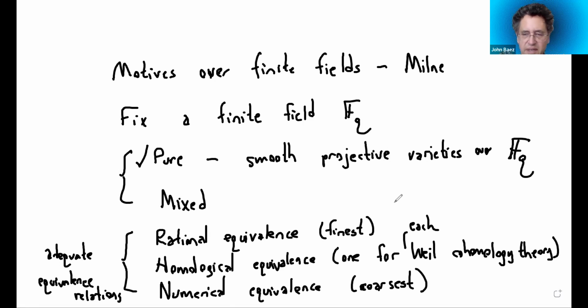And a cycle is a formal linear combination of subvarieties, so you can talk about the intersection number of two cycles by bilinearly extending it. And then we say that two cycles are numerically equivalent if their intersection numbers with everything else are the same.